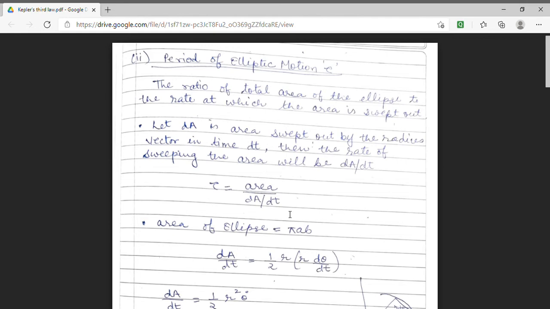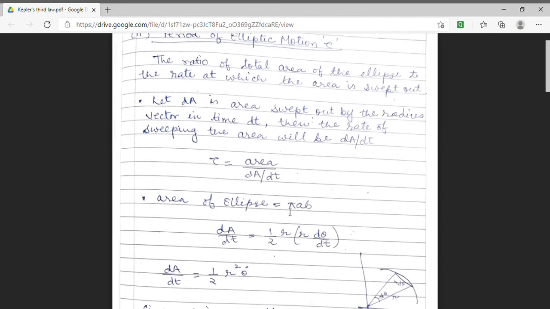So we have an ellipse which has a semi-major axis A and semi-minor axis B. These two are the main axes of the ellipse. Here the area of the ellipse will be equal to pi multiplied by A into B.